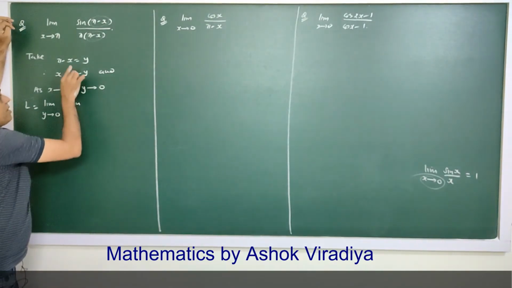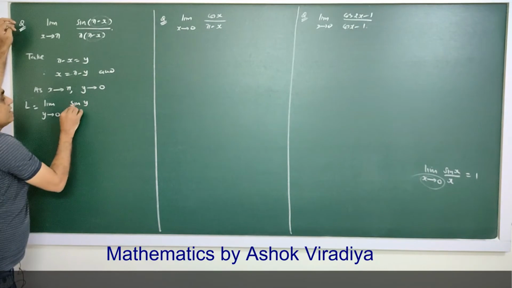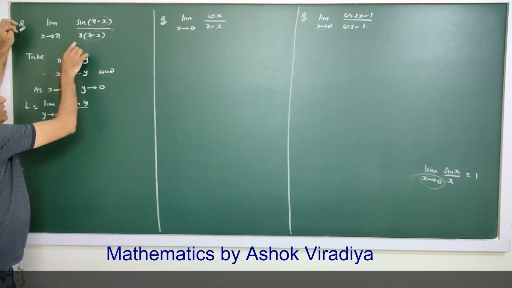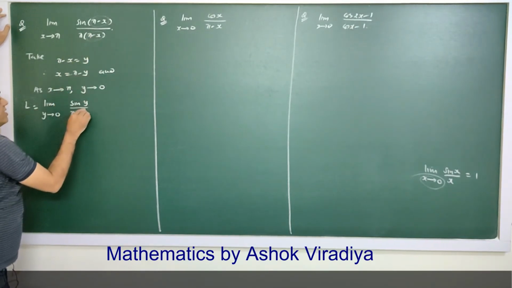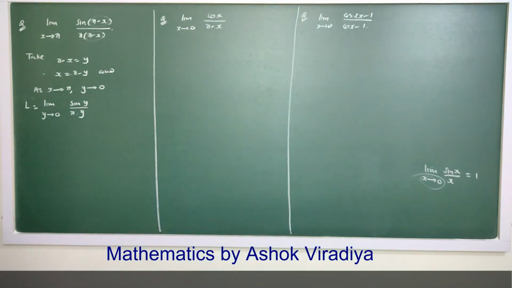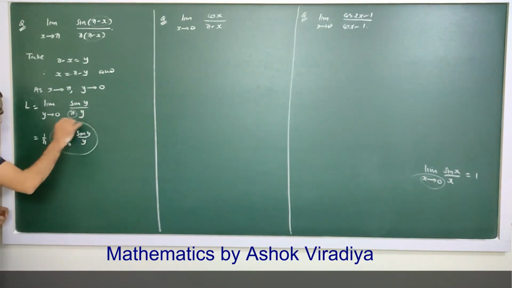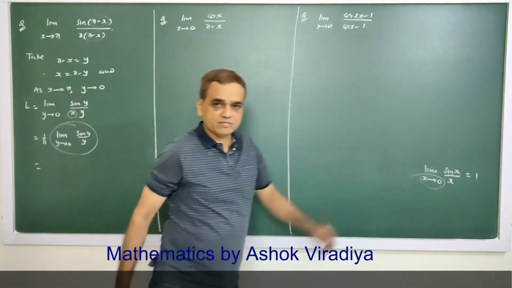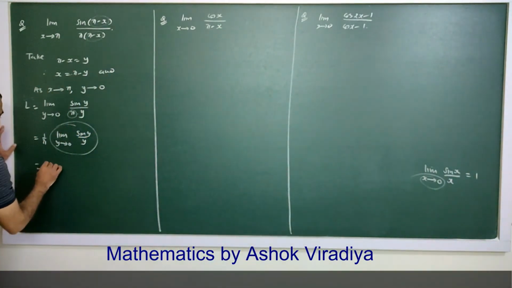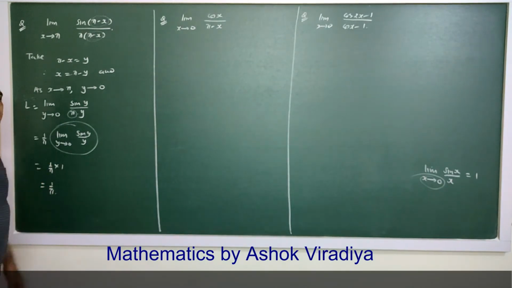Sine of (pi minus x) is sine y upon pi as it is, pi minus x is y. Now this is 1 upon pi, that part is constant, take it outside. So here sine y upon y, and you can see that we are getting this form. So its value is 1. So limit is 1 upon pi.